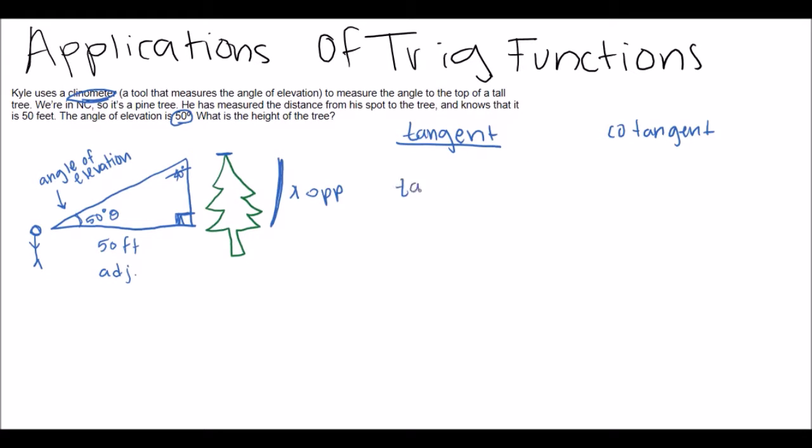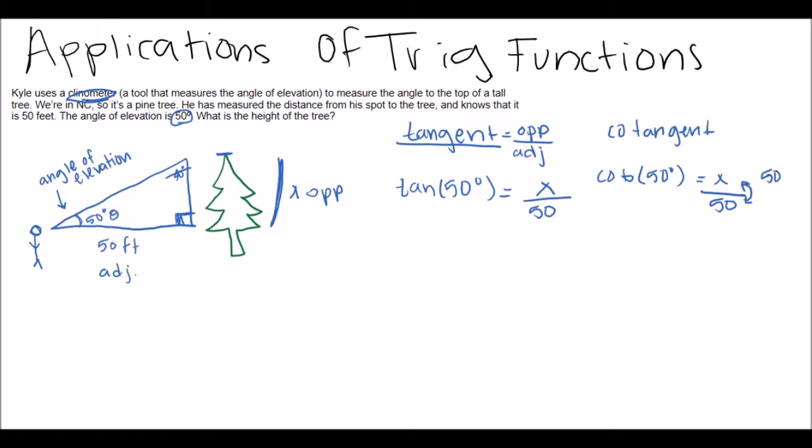So tangent of 50 degrees is equal to, tangent is opposite over adjacent, so the tangent of 50 degrees is equal to x over 50. We could have set this up as cotangent of 50 degrees, but number one, there is not a calculator button for cotangent, and also, whoops, actually these would have been flipped.